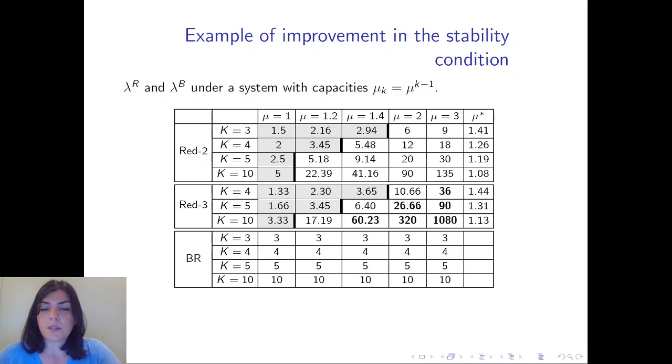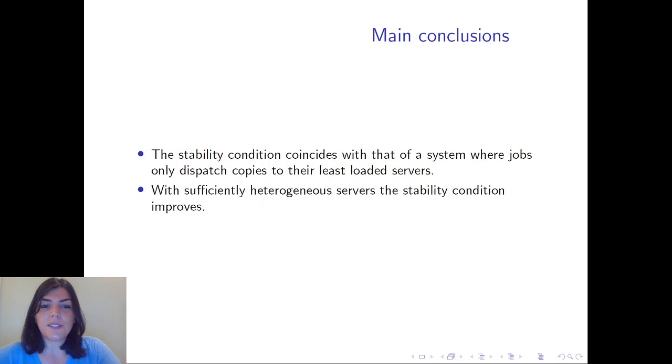So, which are the main conclusions of our talk? First, that the stability condition under processor sharing is characterized by that of a system where each job only dispatches copies to its least loaded servers, and secondly, that when server capacities are sufficiently heterogeneous, the stability condition can considerably improve compared to that of a non-redundant system.